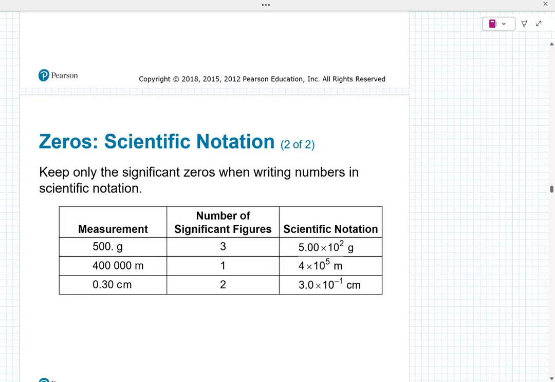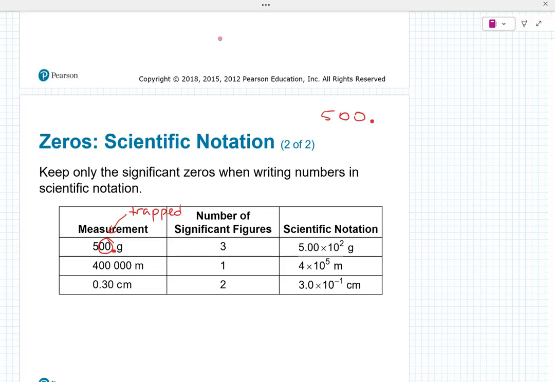Now, let's talk about this example. So you see 500 and then there is a decimal point. See that? It makes these two zeros trapped. So if I write just this, how many significant figures are in this number? Just 500. 1. But if I add a decimal point at the end, 3. Does that make sense?